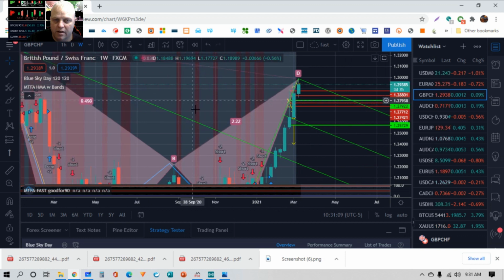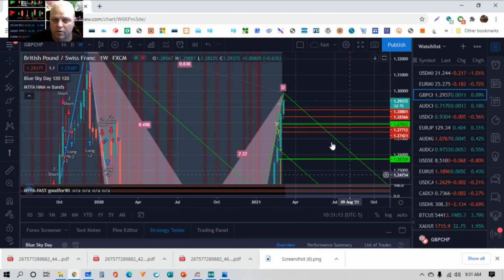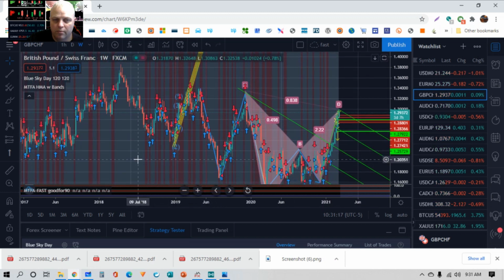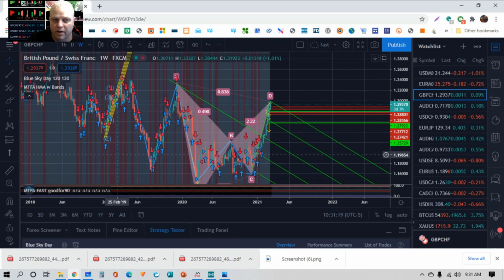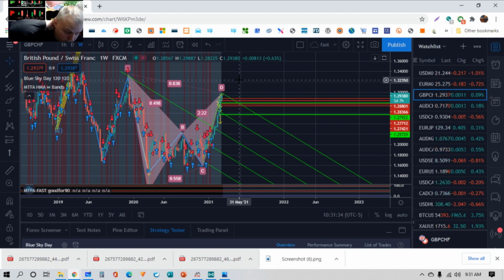And if it goes any higher, it's going to not form, or basically form a different pattern. But this cannot exceed this. I think it can actually come up to probably right in there, and basically the pattern will still be tradable. But if it goes too much higher, then it won't be.